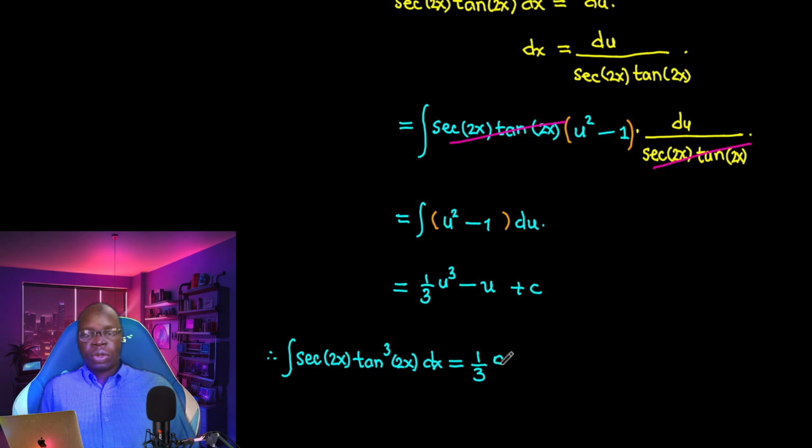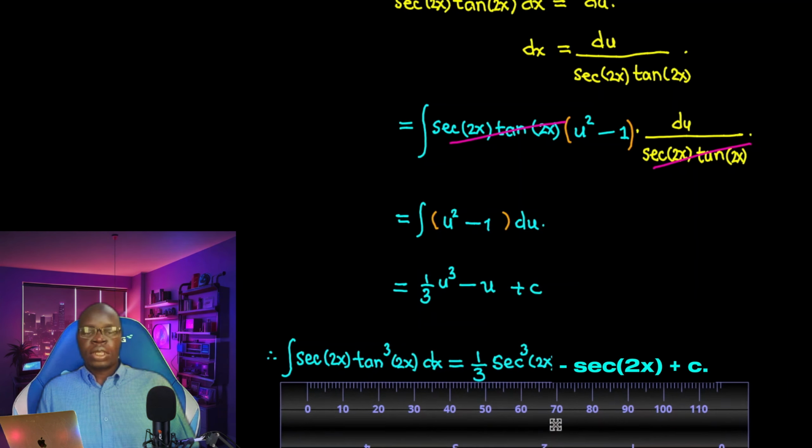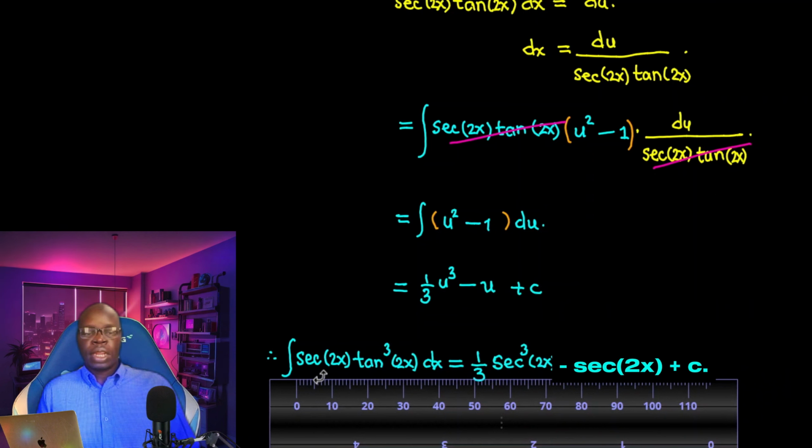So u is replaced by secant, and here is to the power of 3 of the same angle 2x plus the constant of integration. So that becomes our solution for the last question here.